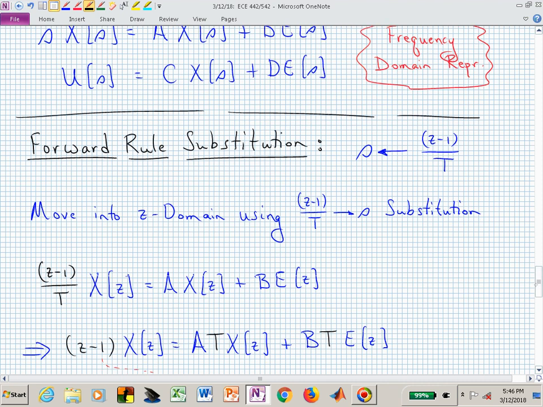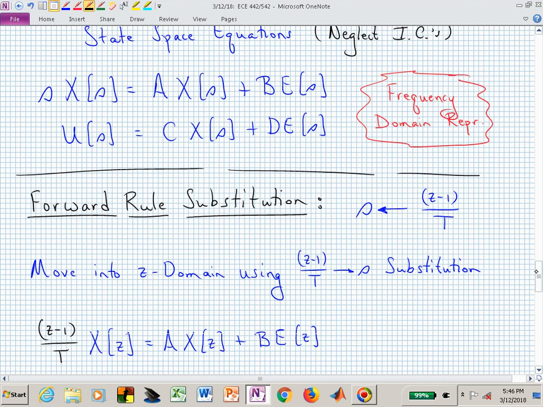Here's the first step. I don't really need to worry about the output equation because it didn't contain any dynamics, so it really doesn't contain any s's. But the dynamic relationship, now I replace s with z minus 1 over capital T, and the right-hand side is exactly the same, except now I want to go into the z domain, so my arguments magically change from s's to z's.